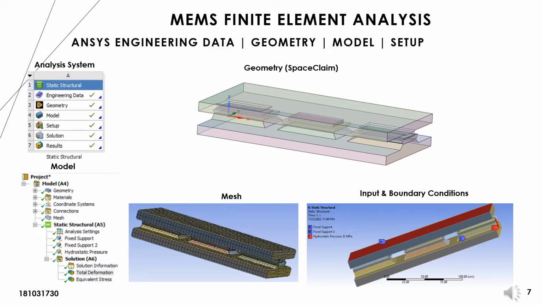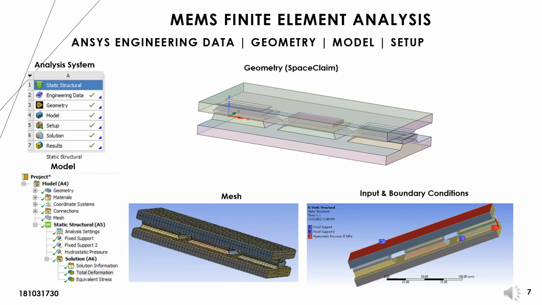This slide represents the ANSYS engineering data, which is the geometry, model, and setup. For the analysis system, we are using a static structural, which has 7 items: engineering data, geometry, model, setup, solution, and result. For the geometry, we are using SpaceClaim.